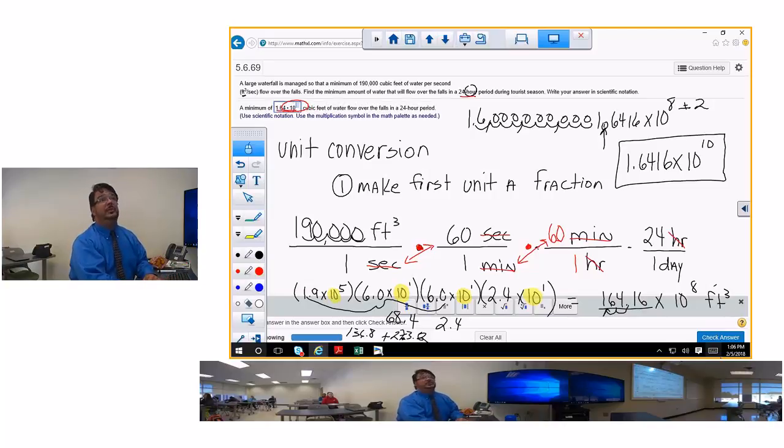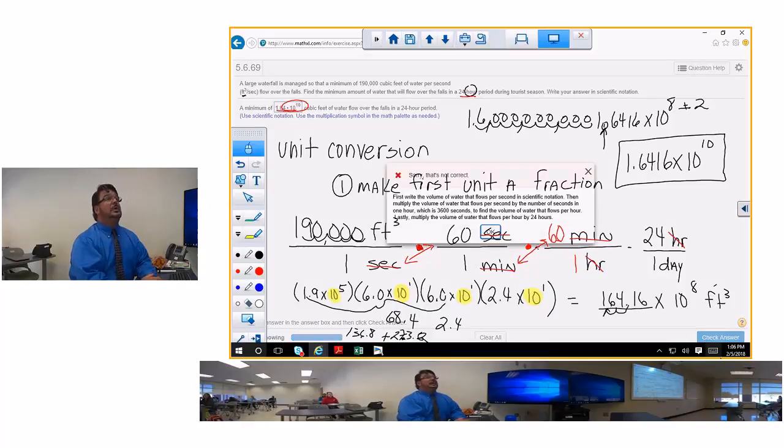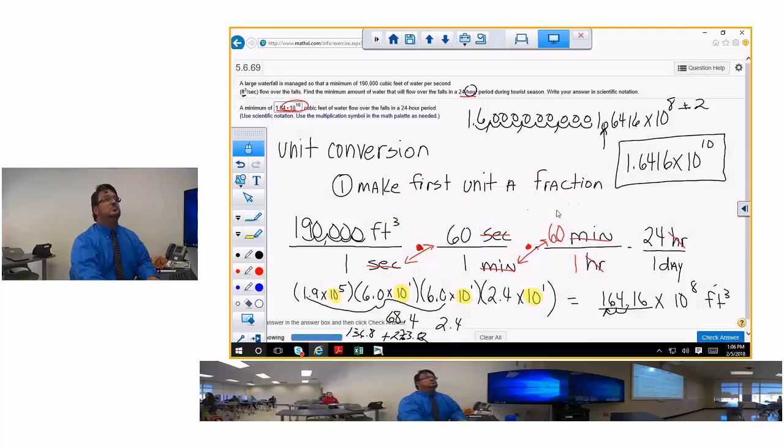And what's my 10th power? So if my way is wrong, then that means this one's going to be wrong. Uh-oh. I bet they want the whole number. Let's see what they want. 1.6416. Wow, I got it right.